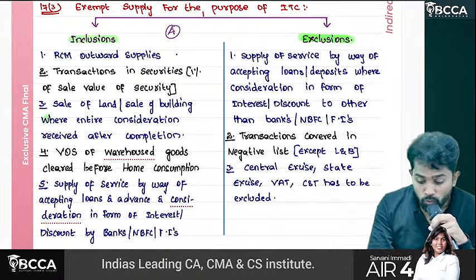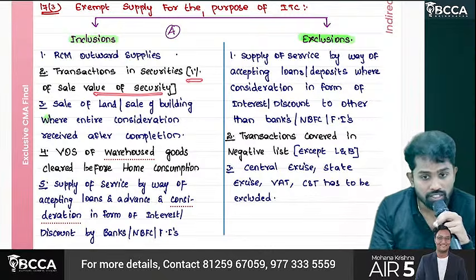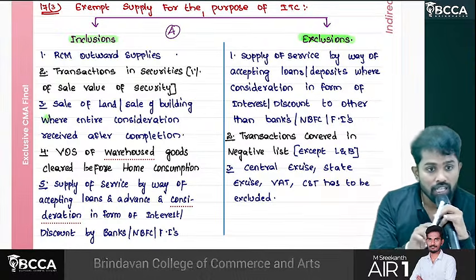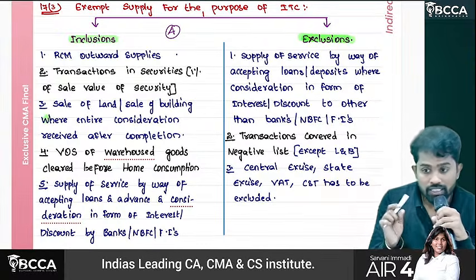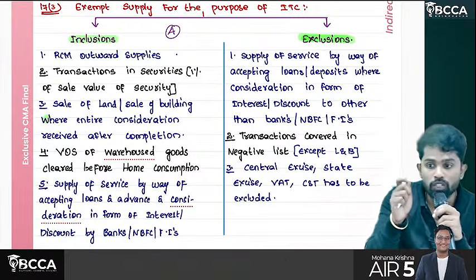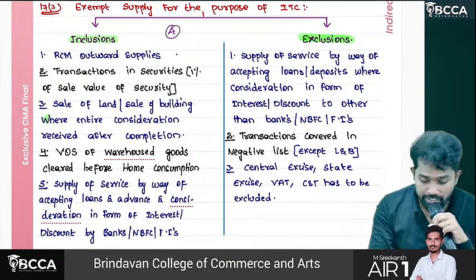But how much? 1% of the sale value of securities is to be included in exempted turnover. First one, RCM. Second one, transactions in securities, not the whole value. Out of the total value, 1% is counted as exempted turnover.